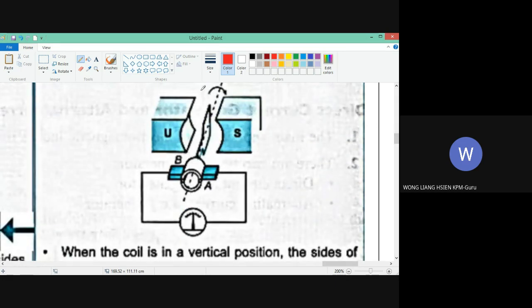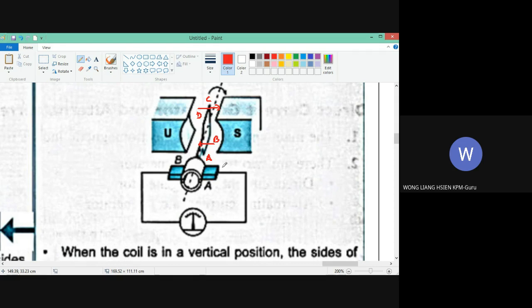Continue to rotate. Now the AB is here already. AB is here. This one is CD. So you see when it moves like this, the direction of movement of the coil is parallel with the magnetic flux. You see or not? Parallel with the direction of the magnetic flux.